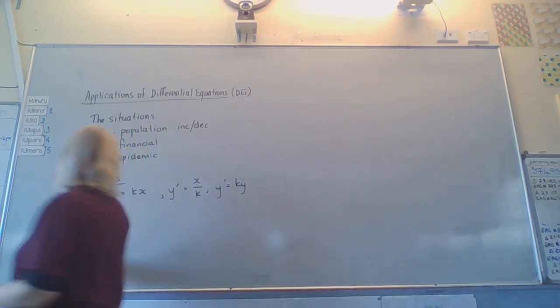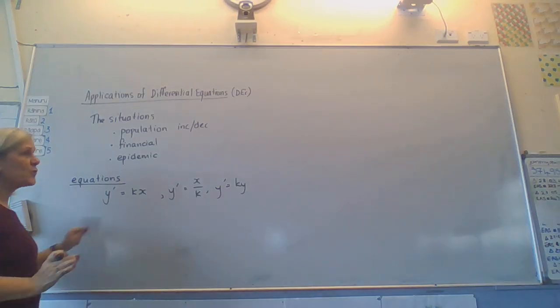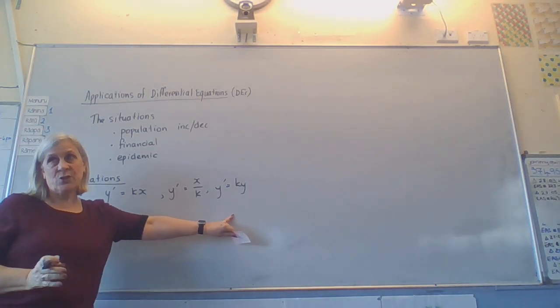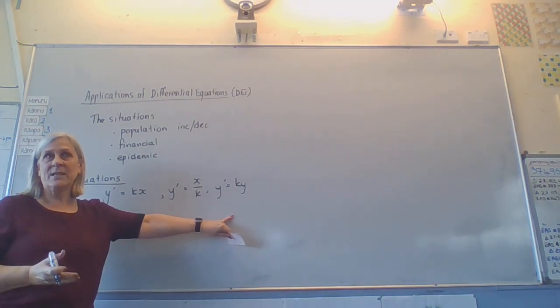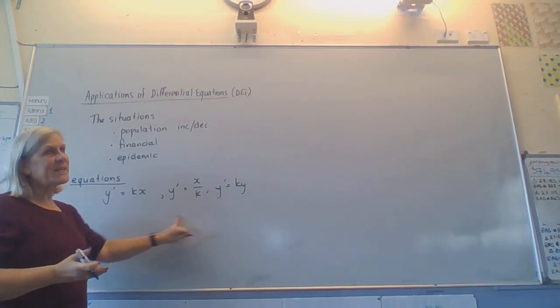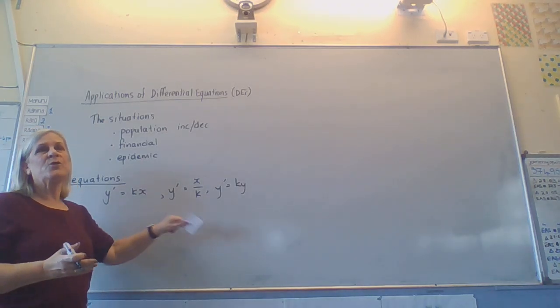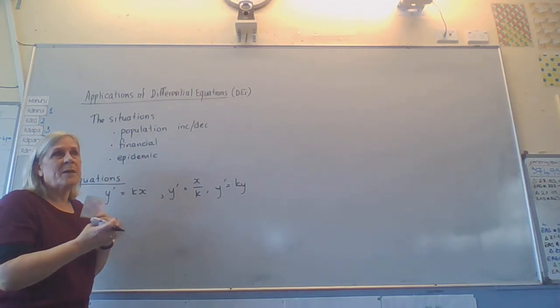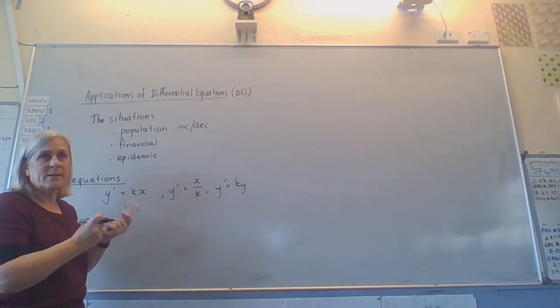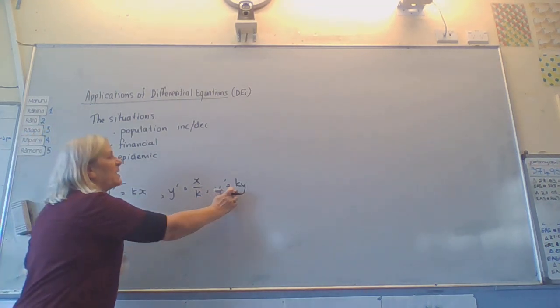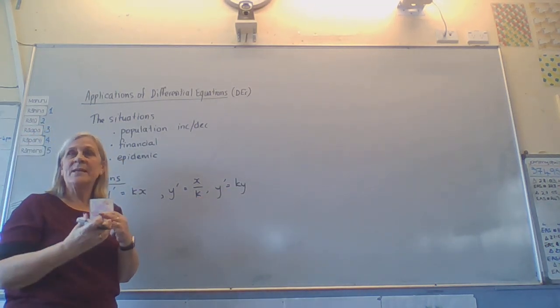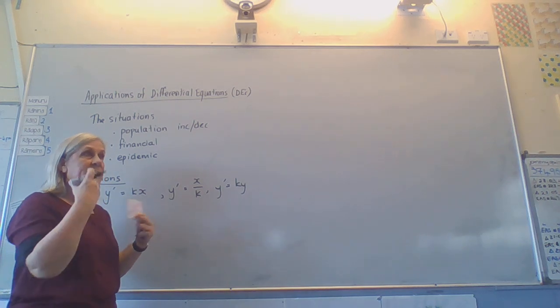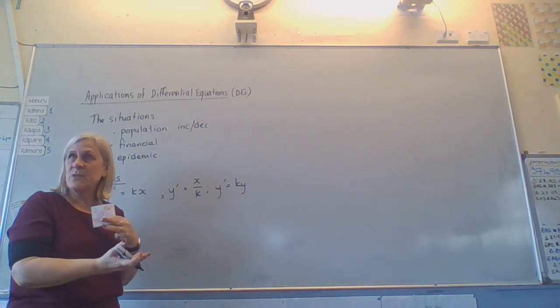So what happens here is that they will tell you usually which of these cases you've got. That's not particularly difficult. They will normally tell you, but if they don't, then you just have to think, okay, what's happening? Is it increasing or is it decreasing? Okay, we can have negative k. So the negative k means that it's actually going down. It's decreasing as well.